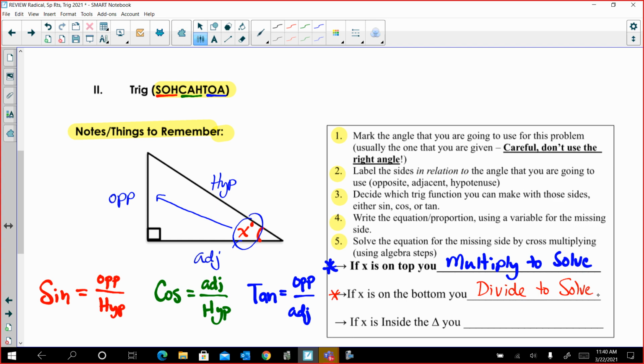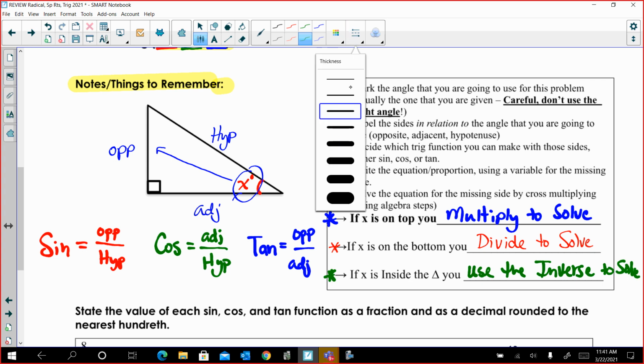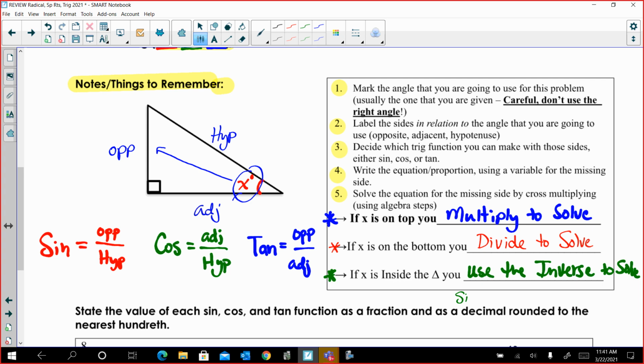And if x is inside the triangle, then you use the inverse to solve. Examples of inverse are sine -1, cosine -1, tan -1, so you do second and then that trig function to get it.